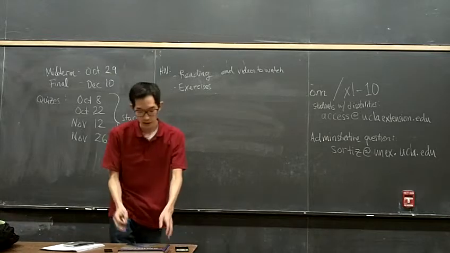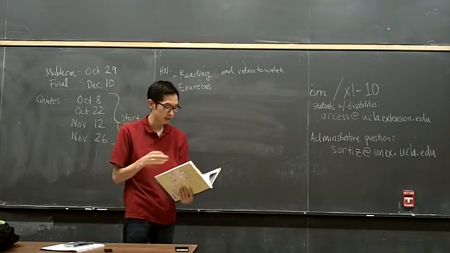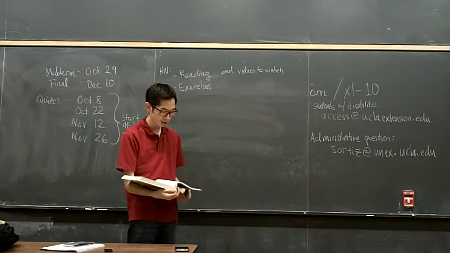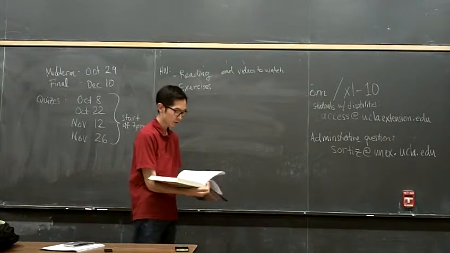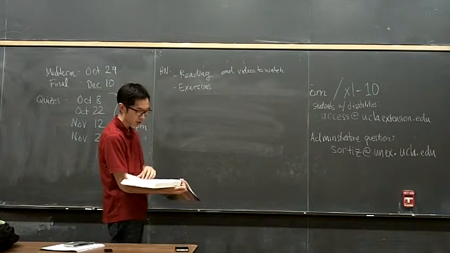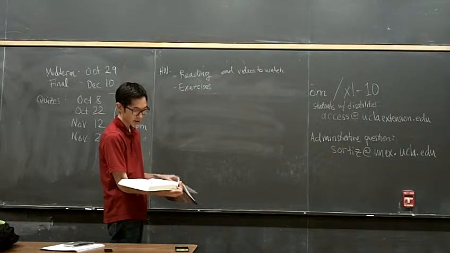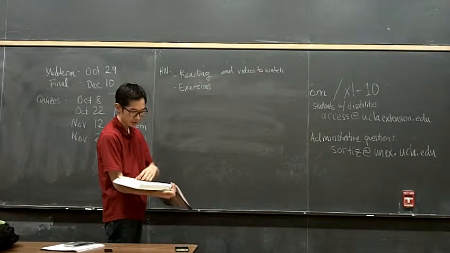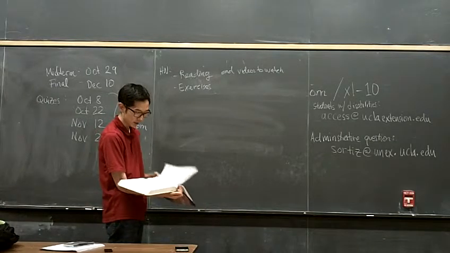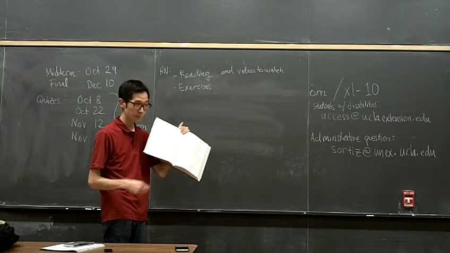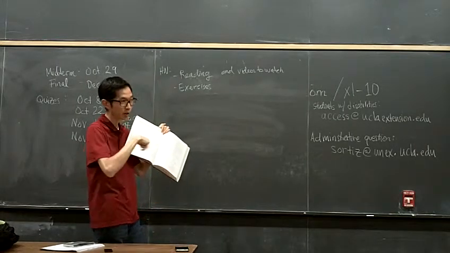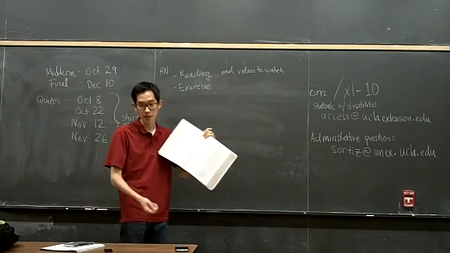The exercises are available at the end of the chapter. So, for example, this week, you're going to have to look at chapters 1 and 2. And at the end of the chapter in the book, you'll have the exercises listed, and you're just going to do those on pieces of paper, write them up, and turn them in.